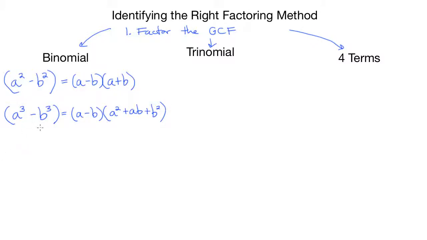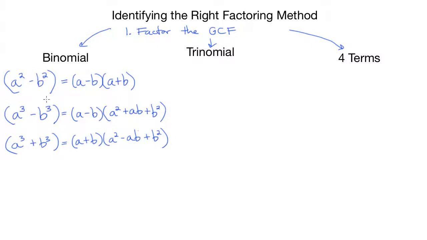And in addition to the difference of two cubes, we also have the sum of two cubes. A cubed plus b cubed ends up, if you factor it out, into a plus b times a squared minus a times b plus b squared.